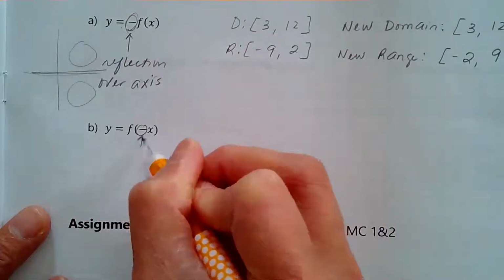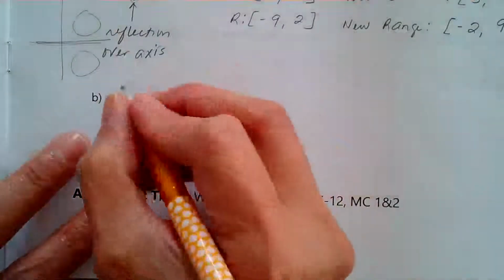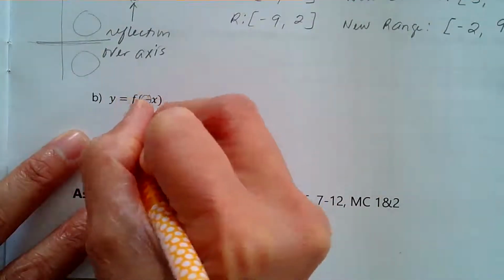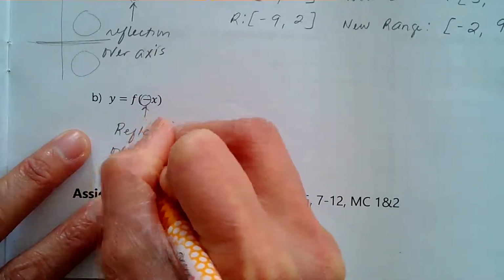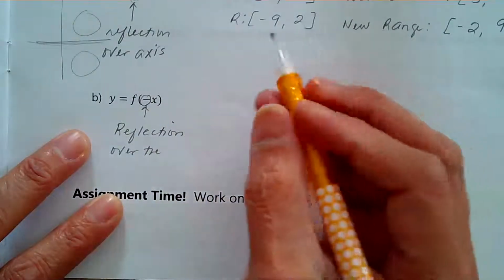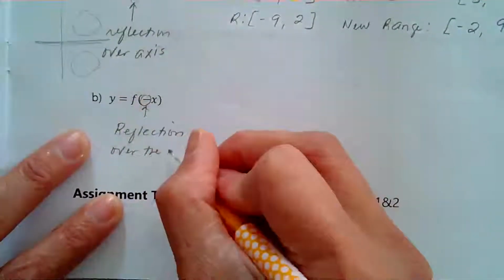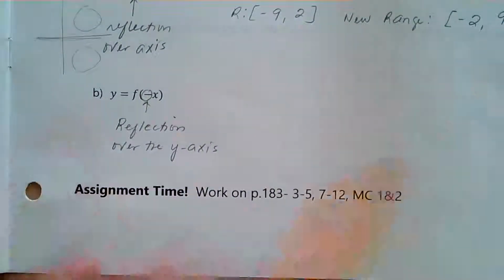If it's inside the brackets, what does that mean? Yeah, it's a reflection over the y-axis. Okay, over the y-axis.